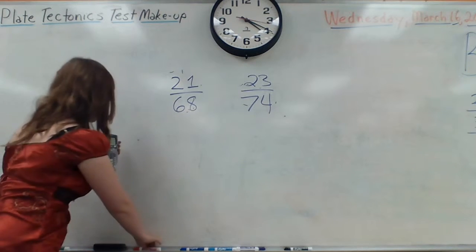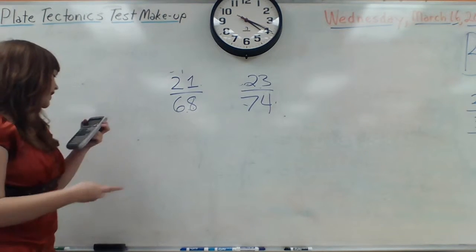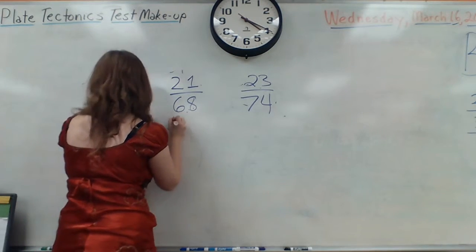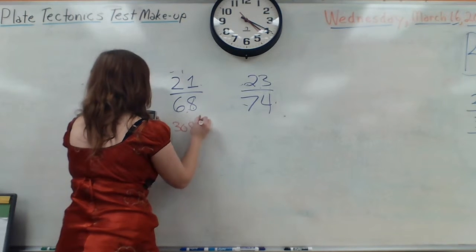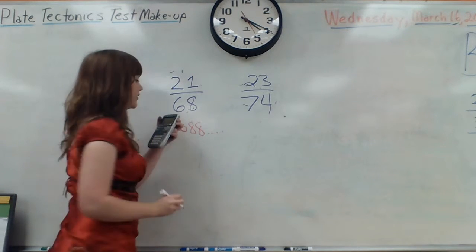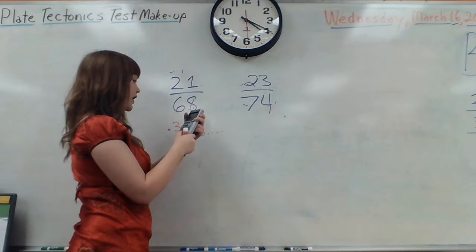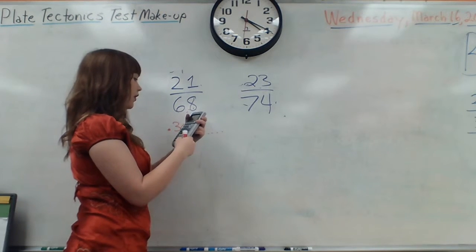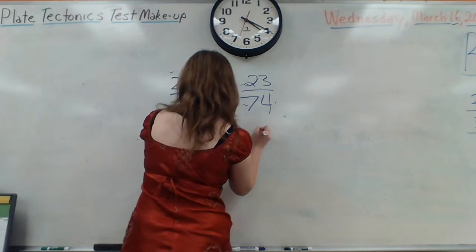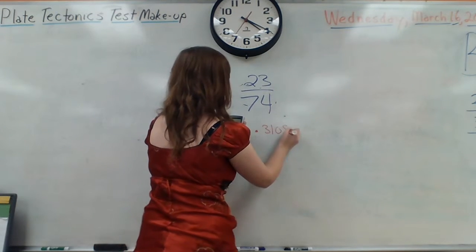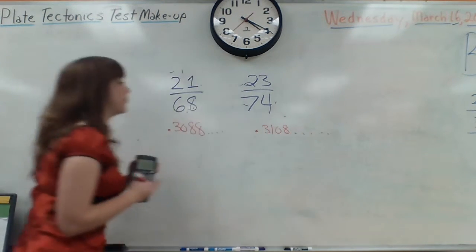When we do this, we get 0.3088, and the number carries on. When we put in our calculators 23 divided by 74, we get 0.3108, and the number carries on from there.